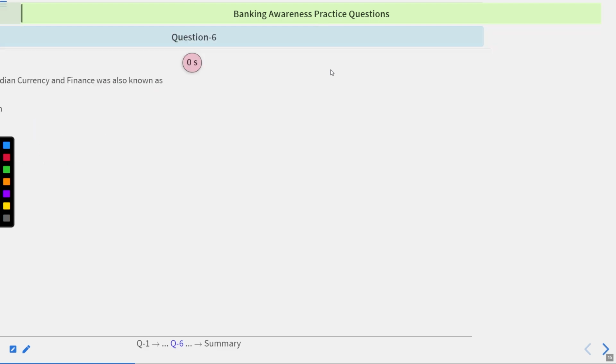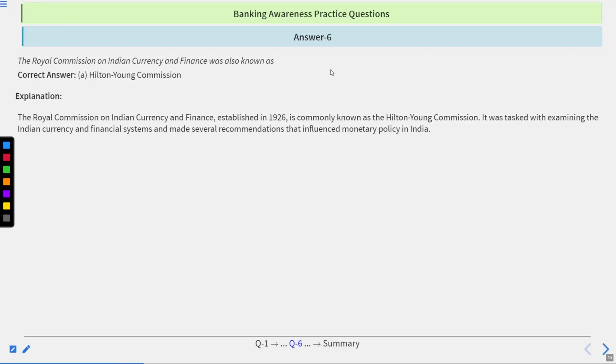Okay, the time's up. Correct answer of this, Hilton Young Commission. So Hilton Young Commission, which was also known as Royal Commission on Indian Currency and Finance. The Royal Commission on Indian Currency and Finance got established in 1926 and commonly known as the Hilton Young Commission.